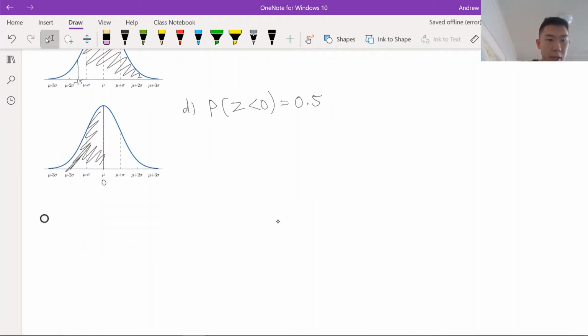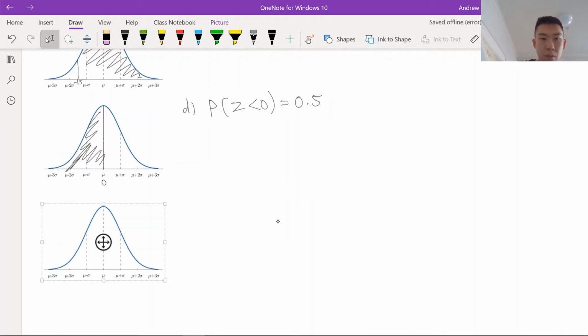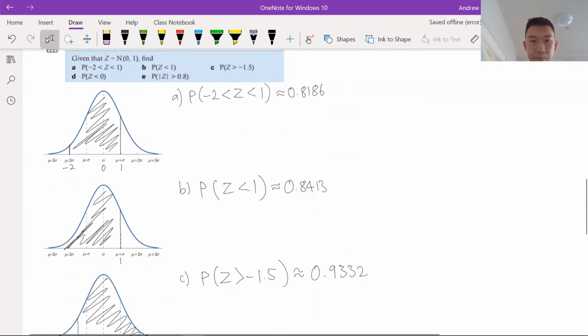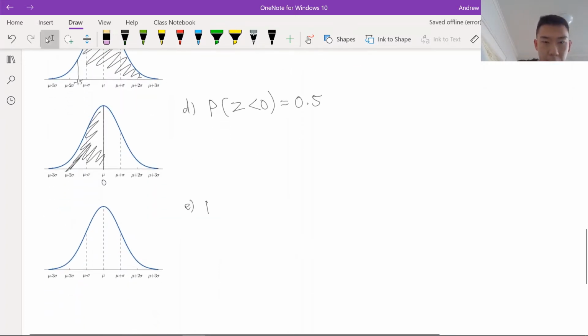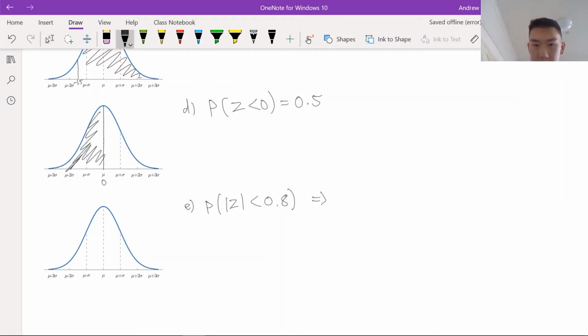And then finally, we want E. So the probability that mod, or the absolute value of Z, is less than 0.8. So let's quickly break down what this means.